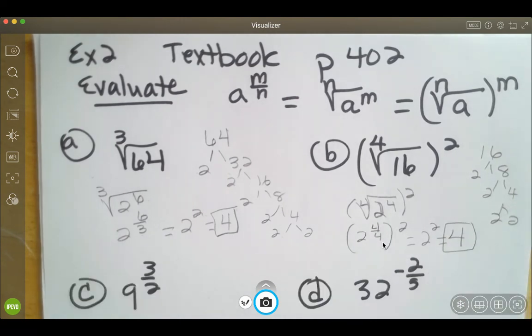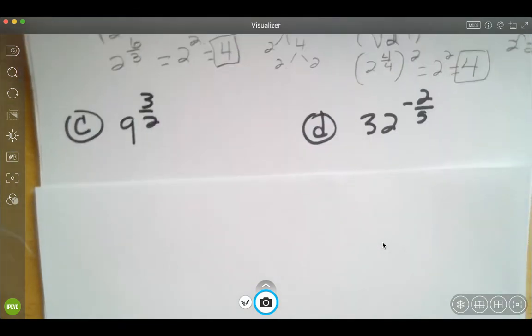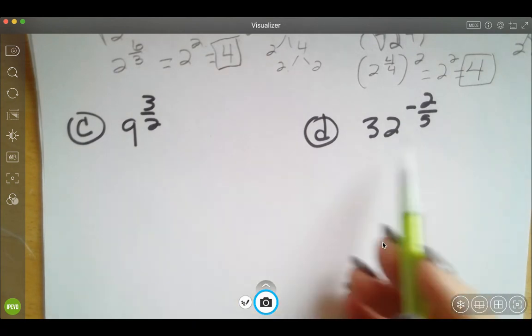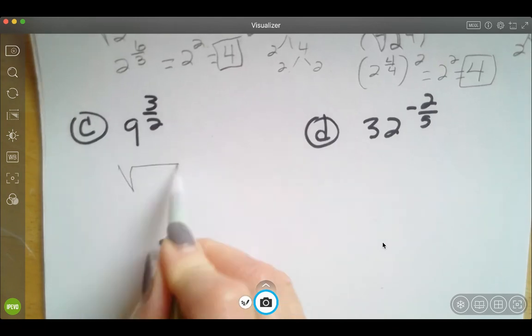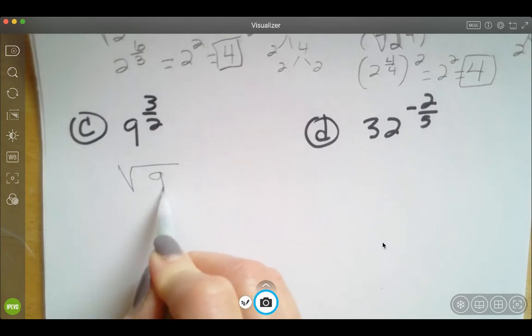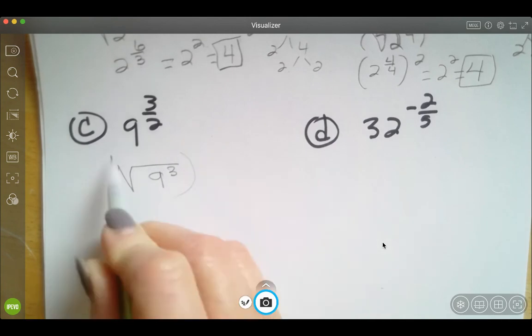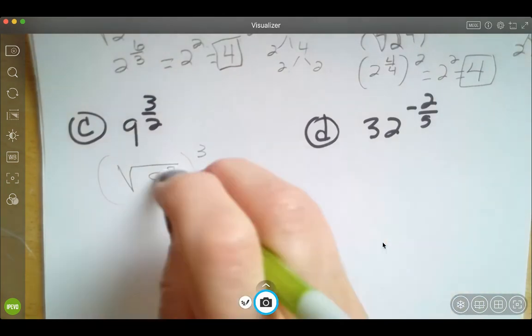We've got 2 more to look at. Now these are written in exponential form, so we have to think about these as a root. So if I'm looking at this, I know that this is the square root of 9 cubed, and I could put the 3 here, or I could put it on the outside. But I have a question for you. One or the other.